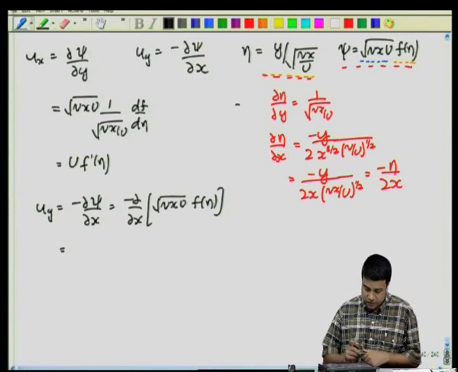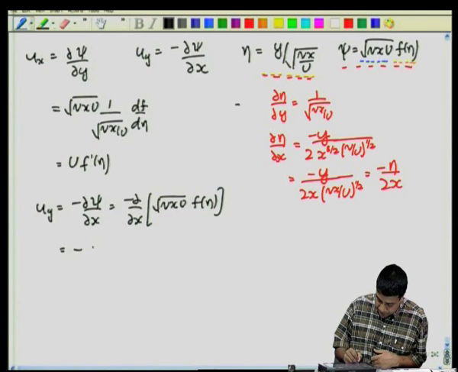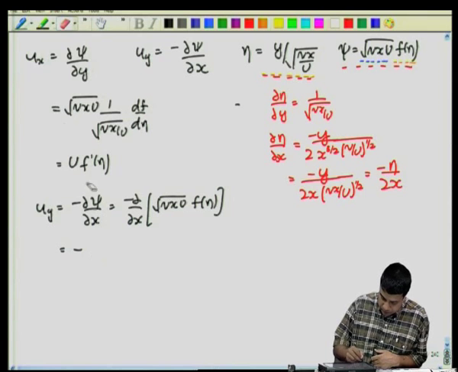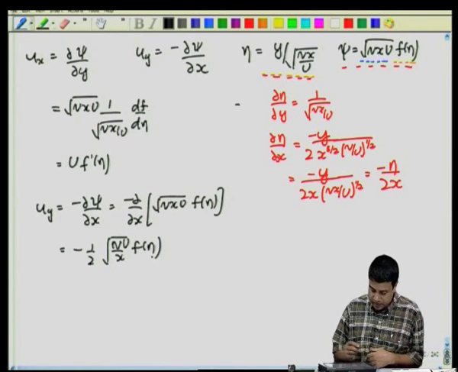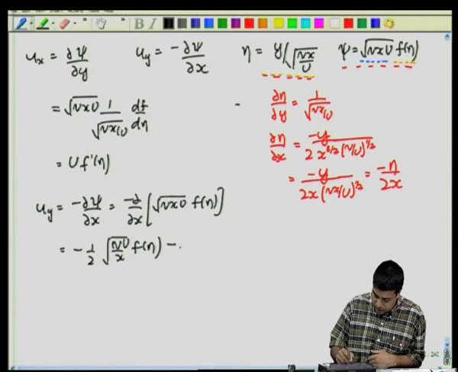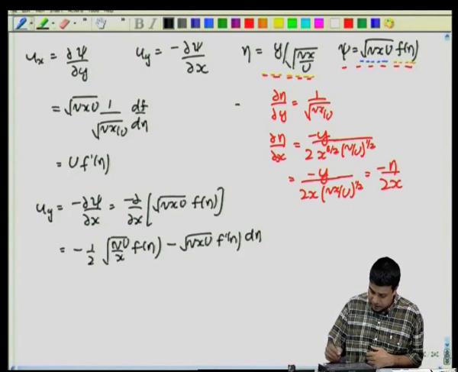When you take that derivative, you will just get minus one by 2 root of nu u by x f of eta, minus root of nu x u f prime of eta times partial eta with respect to partial x.